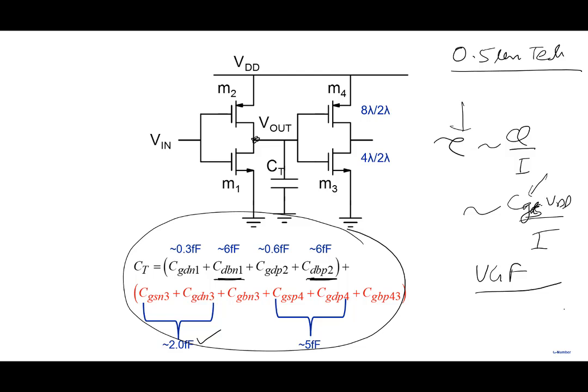UGF assumes a transistor with source at ground and drain connected to VDD, a fixed drain. It's a very artificial situation. In practice the drain will be connected to some load and other things, so this is not going to happen.